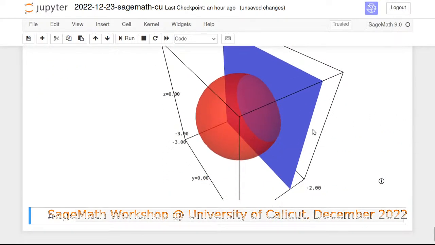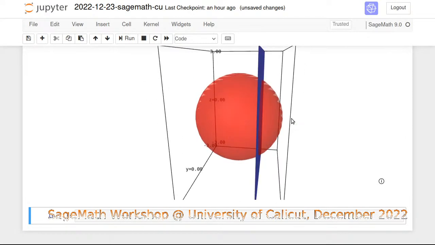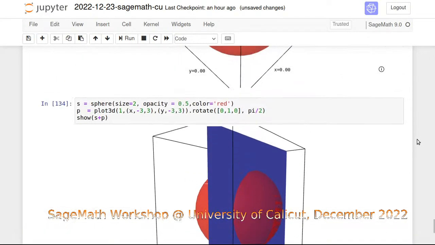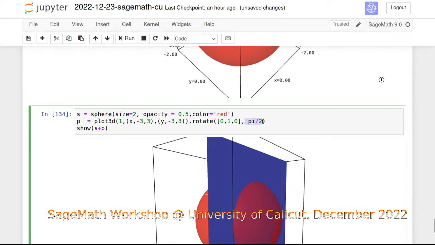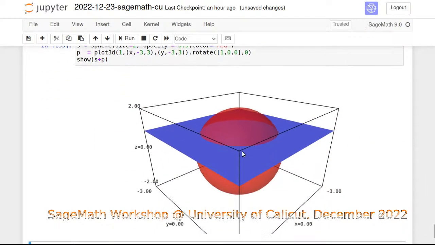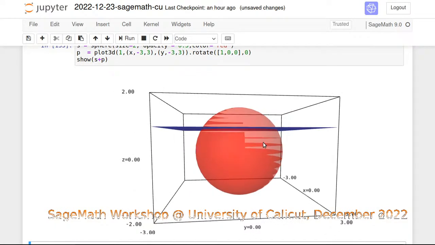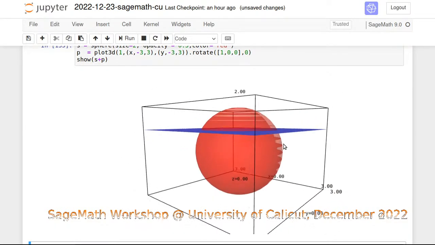Actually, it is perpendicular to the x-axis because we have rotated 90 degrees. So if you ask for 0 rotation, what will happen? We can observe that. No change. No, but still it's moved. It's not in the center now.